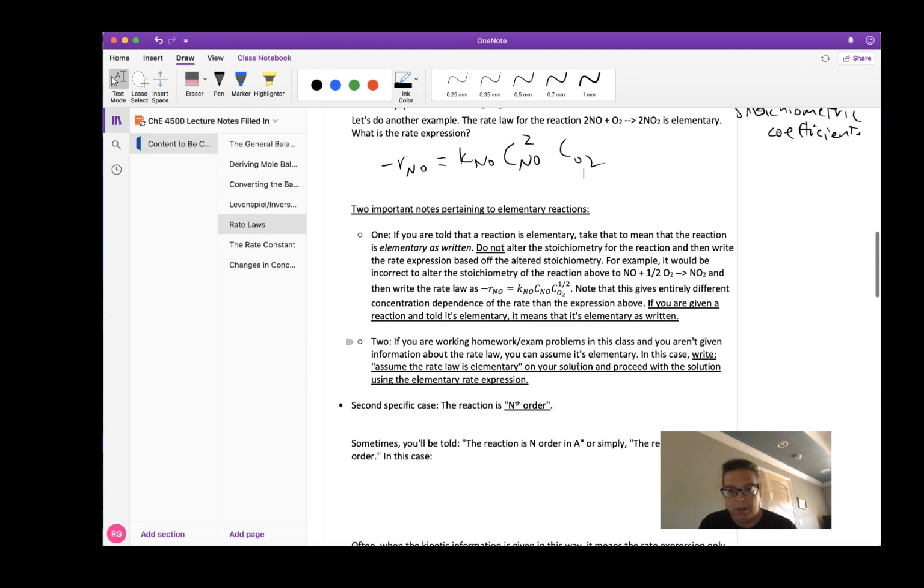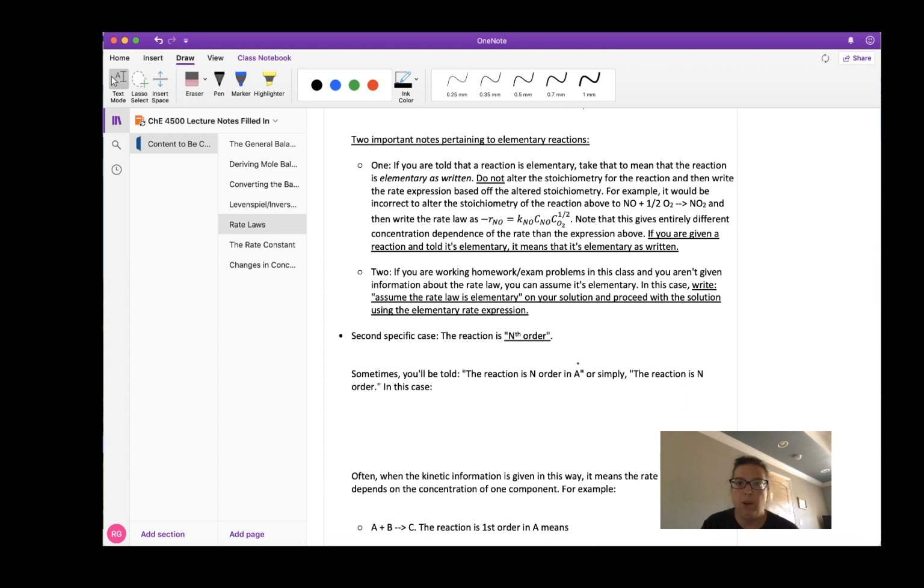So two important notes about this. One, if you're told that a reaction is elementary, take that to mean that the reaction is elementary as written. So in other words, do not alter the stoichiometry of the reaction and then write the rate expression based off of the altered stoichiometry.